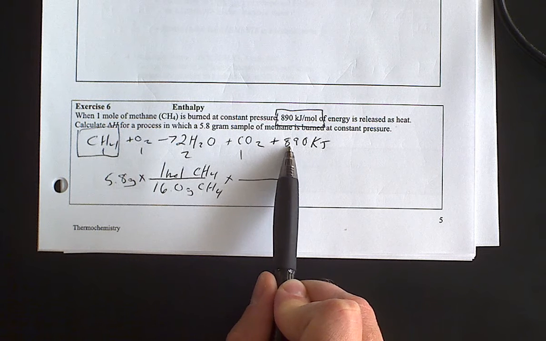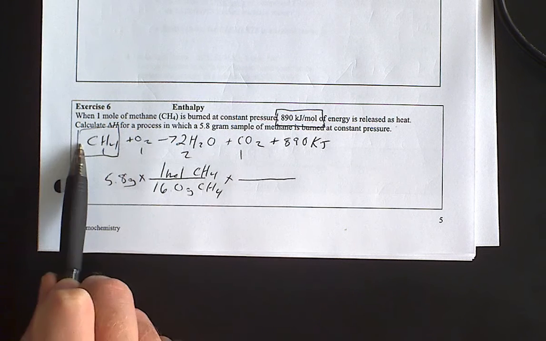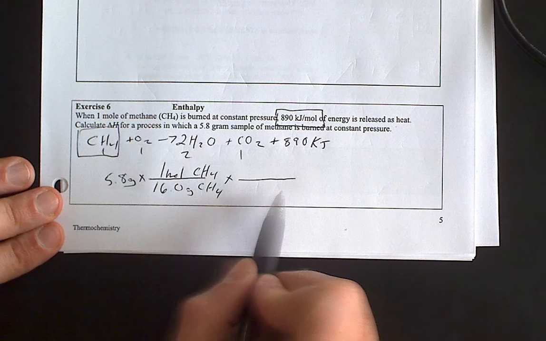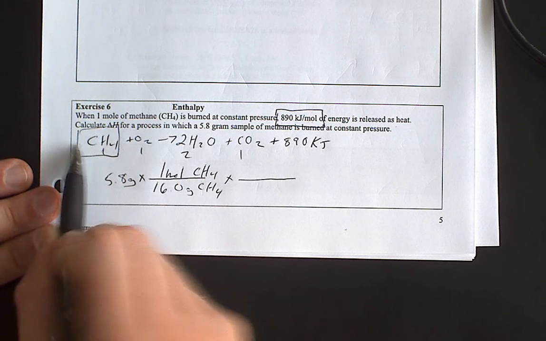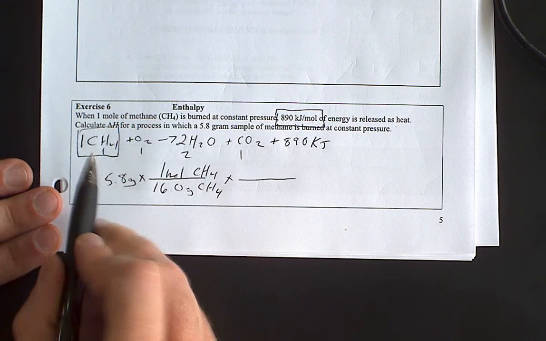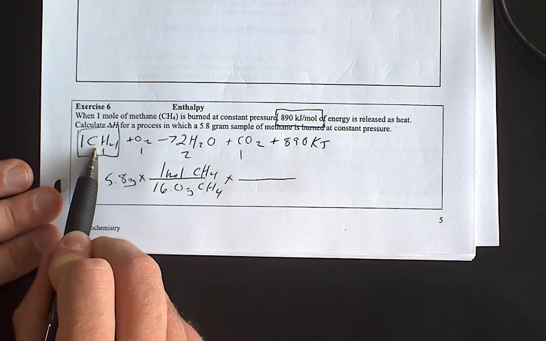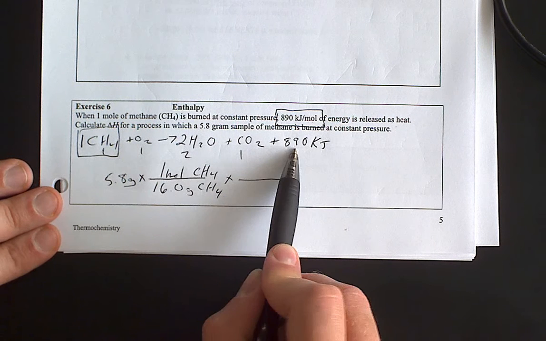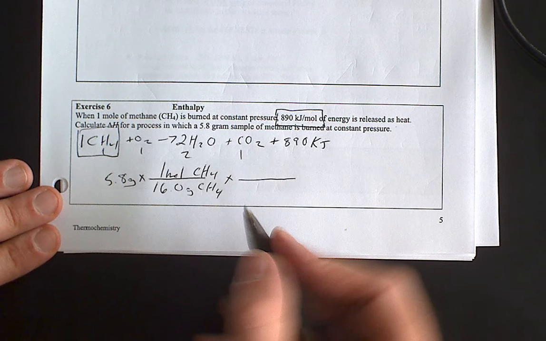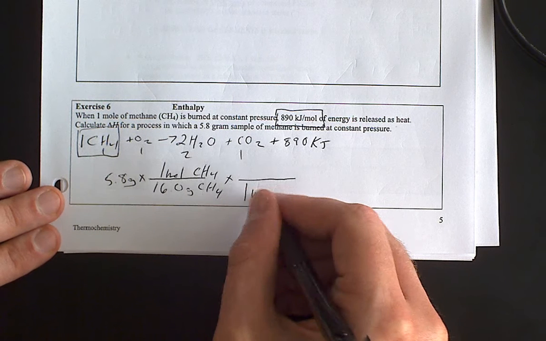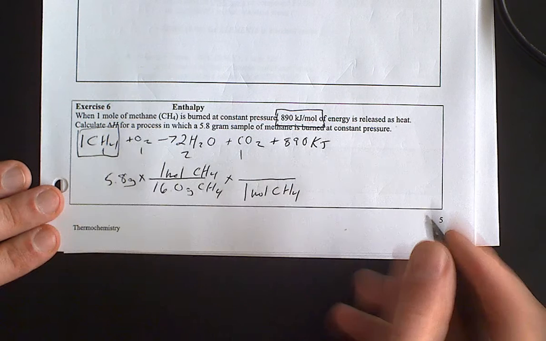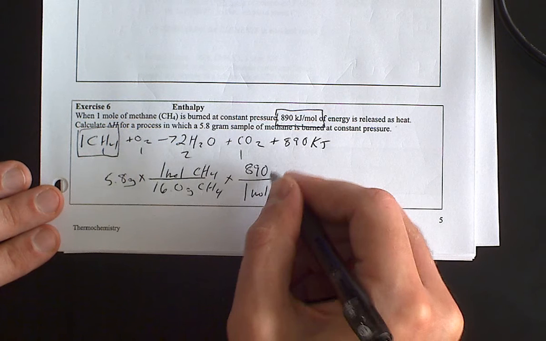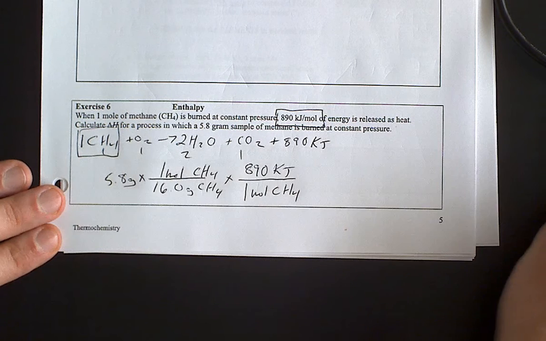But I don't have to do that because this is 1. Just know that when we're doing these problems, we're still using the coefficient in front of our reactants to determine what the ratio is to products, except this is just a different ratio. In this case, it's 1 mole of CH4 to 890 kilojoules. We just have a different product that we haven't seen before.